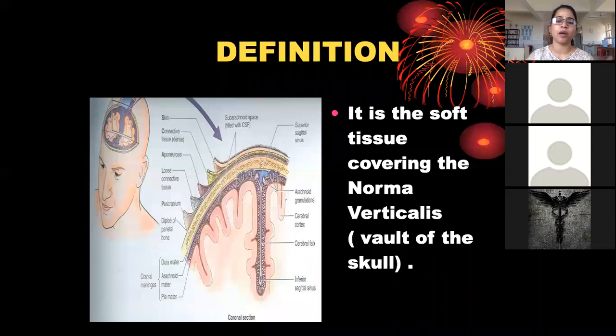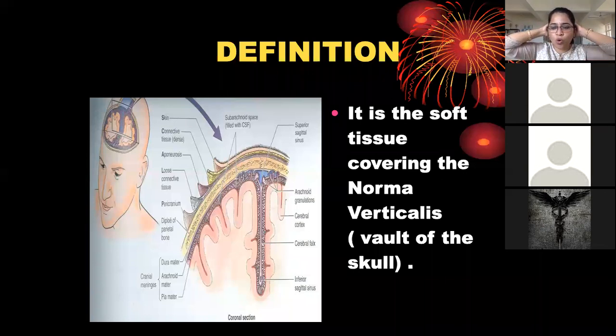When we are talking about the skull, let's take this is the head. Head and neck. When you are differentiating, what are the lines which separate the head from neck? That is very important for you to understand. When you go back of your head, there is external occipital protuberance.